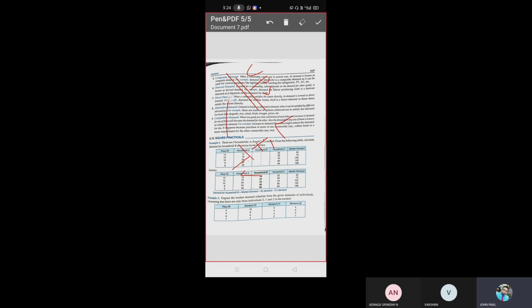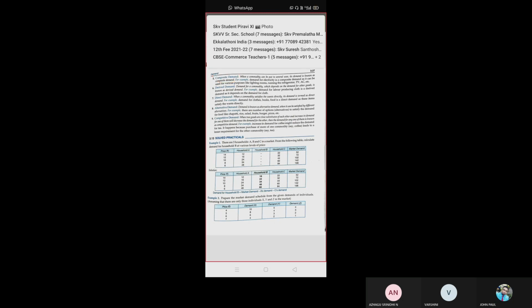And if we need to charge our mobile phone, we need more UPS. So a single commodity which can be used for multiple purposes is called composite demand. Clear? Yes, sir.